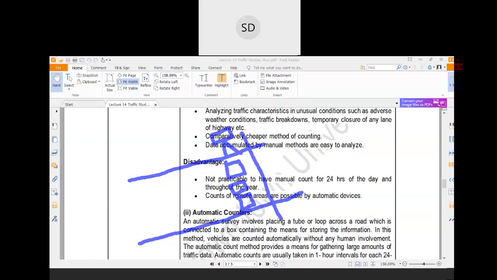Okay, so this method is advantageous as it is very much accurate, and in the field you don't have to think about anything. Basically you collect the data from the field and you extract the data at your home only.